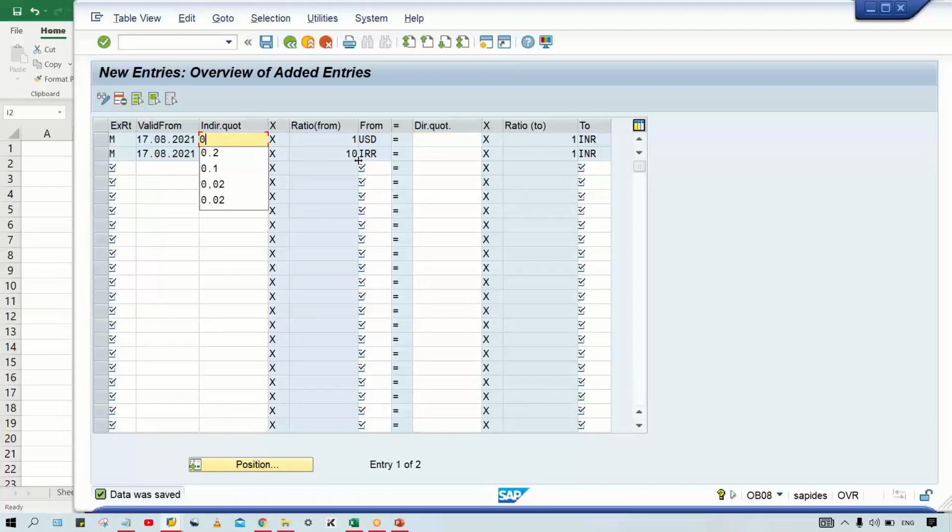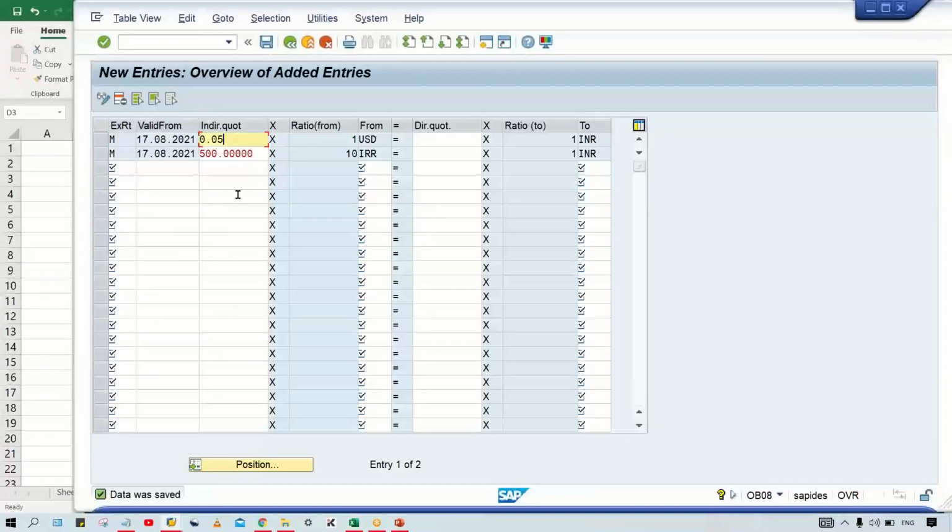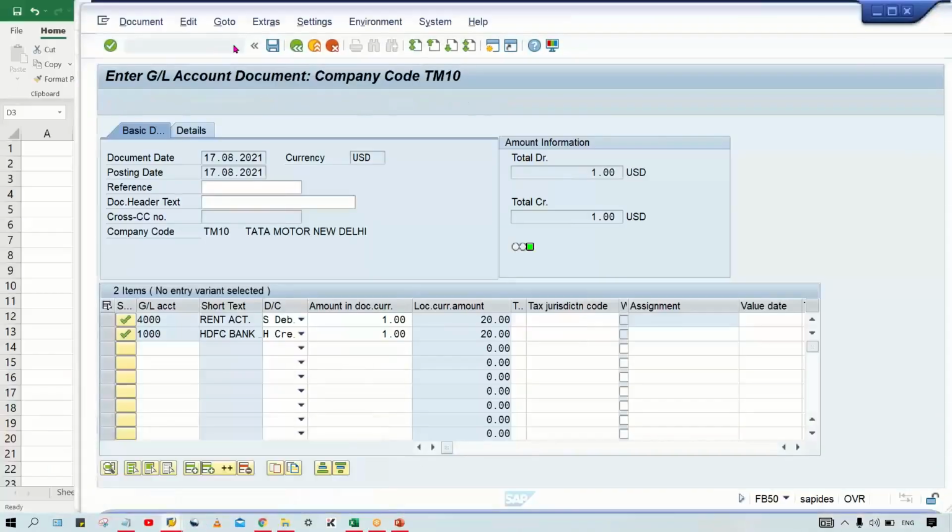So it is 0.05 USD that I have calculated here, 1 divided by 20. This is a very simple mathematical calculation, guys. Don't be confused. So either you specify 0.05 here or you specify 20 here. Both are the same. Just have a look. Now 20 itself will be calculated by the system.